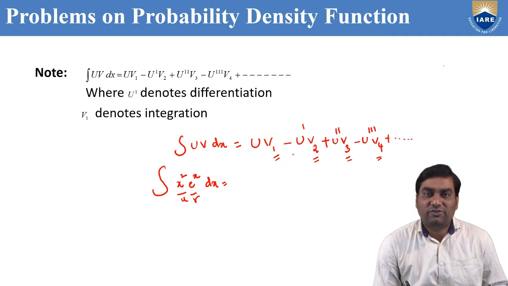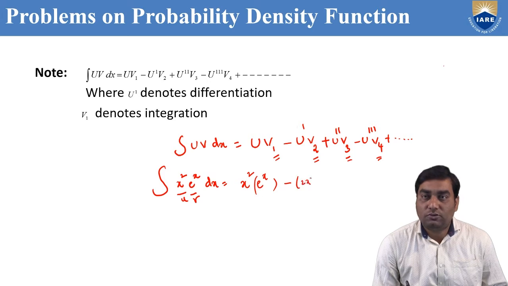Remaining also not required. Starts with u. What is u? x square. v1, integration of v, e power x, integration e power x. You maintain the bracket to avoid the confusion. Plus over minus, x square differentiation, previous term differentiation, 2x, over previous term integration, e power x integration, e power x, over minus, over next plus.